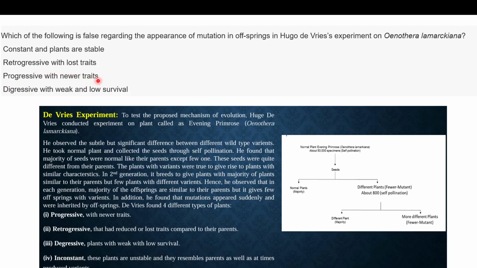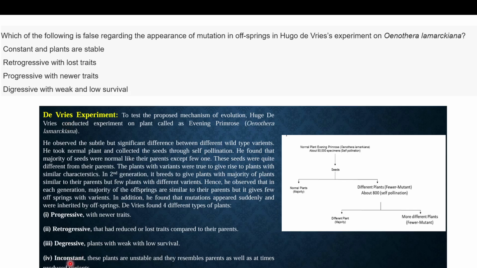We have this option here. Retrogressive that had reduced or lost traits as compared to their parents. This option is also there. Degressive, like plants with weak or showing low survival capacity. This one is also there.